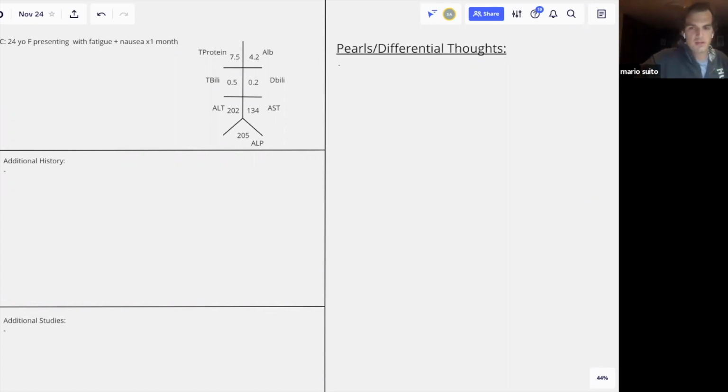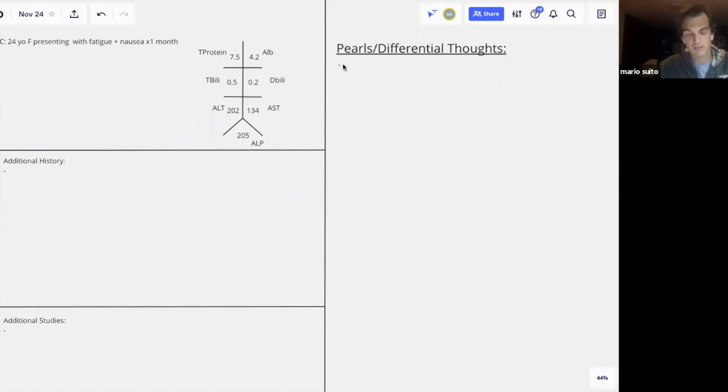So when I think about liver chemistry tests, especially when I'm addressing elevated bilirubin, I like to address it as an isolated elevation, meaning the transaminases and ALK phos and GGT and so forth are normal, or an elevated bilirubin associated with altered transaminases or ALK phos.